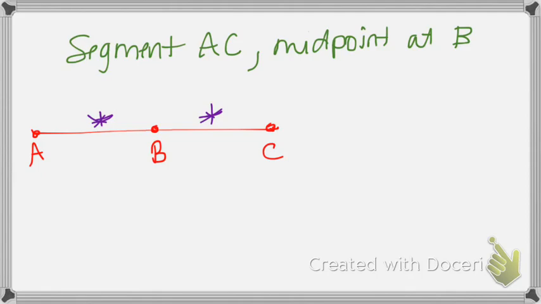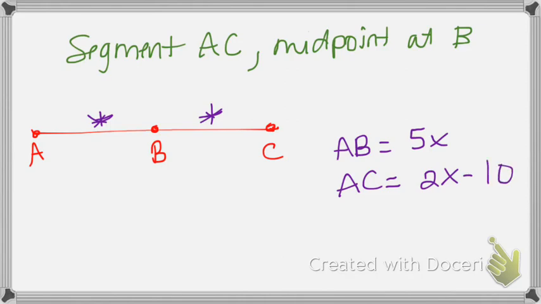But you do these problems the same way you do those angle problems. Okay? If they told me that AB was 5x and AC was 2x minus 10. Actually, I'm going to change that to 12. 2x minus 12.